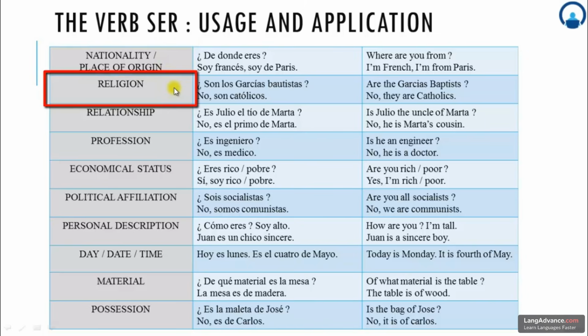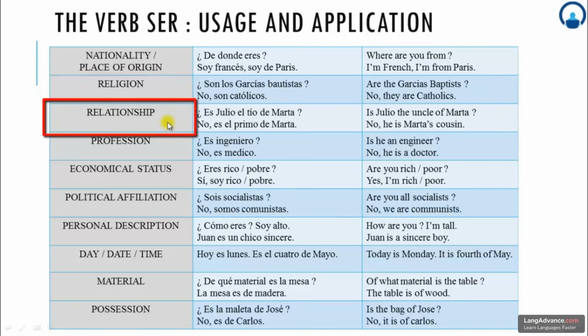Religion is the same from when you're born till you die. The relationship, like mother, father, uncle, aunt, grandparents, grandsons, granddaughters, is not going to change at any point of time.